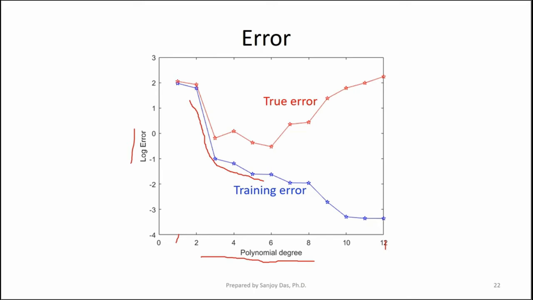But the true error, that's a reflection of how closely the polynomial fit behaves like a sinusoid, goes down, but after a while it goes up back again. So the true error doesn't always decrease with increase in the degree of the polynomial. It goes down for a while and then it starts rising back up.